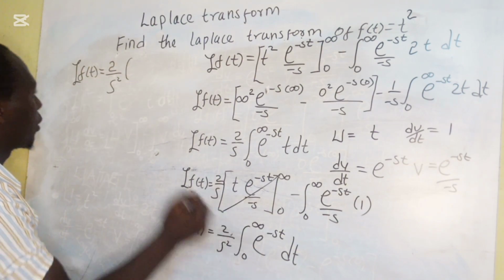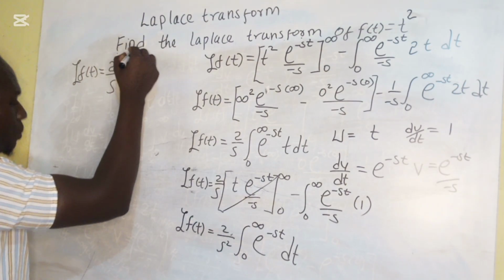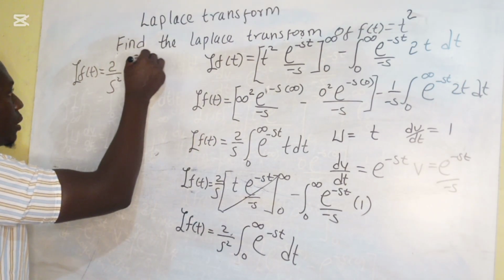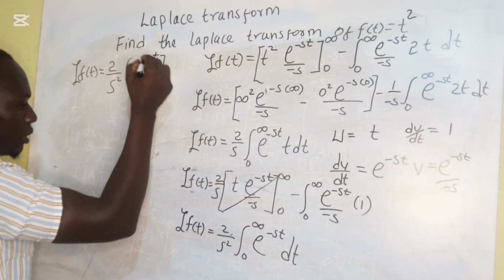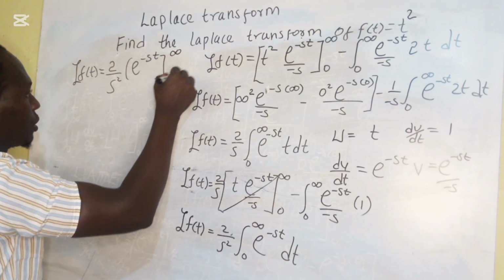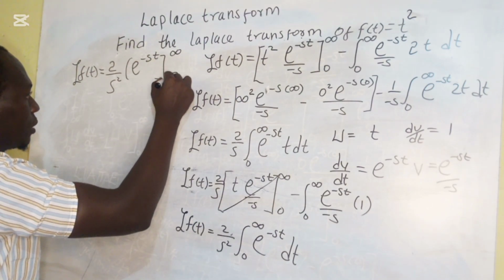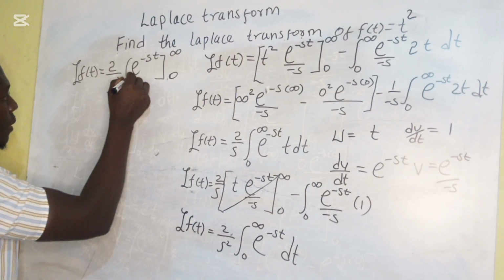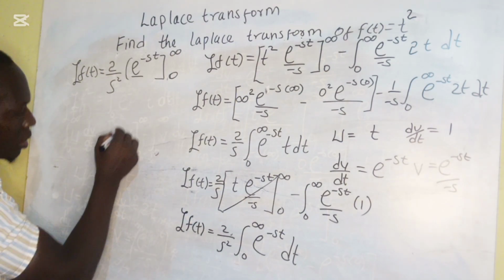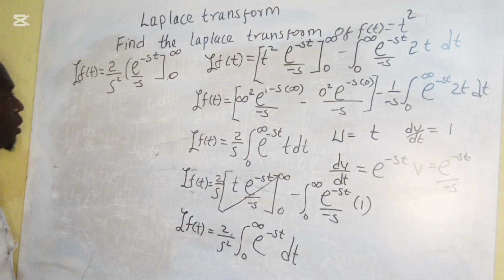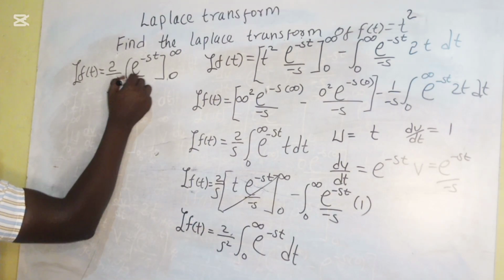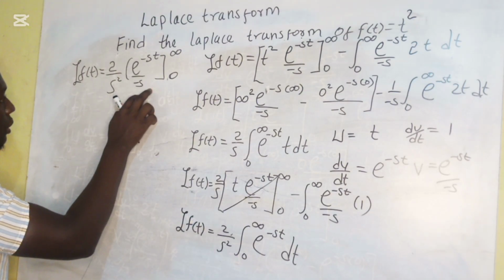In here we are going to have exponential negative st, and our integration is with respect to our limits. This one is supposed to be a negative because here we are carrying out our integration.